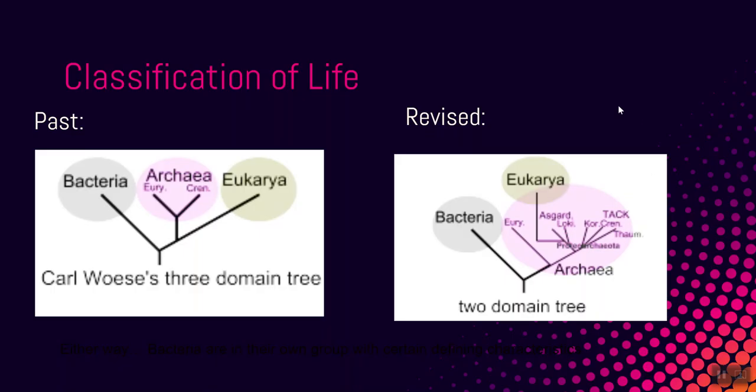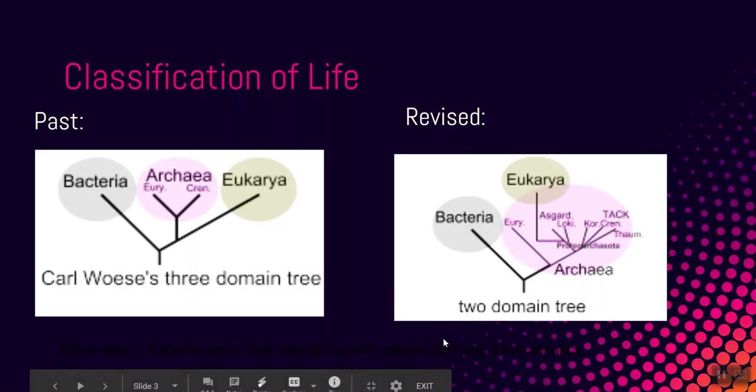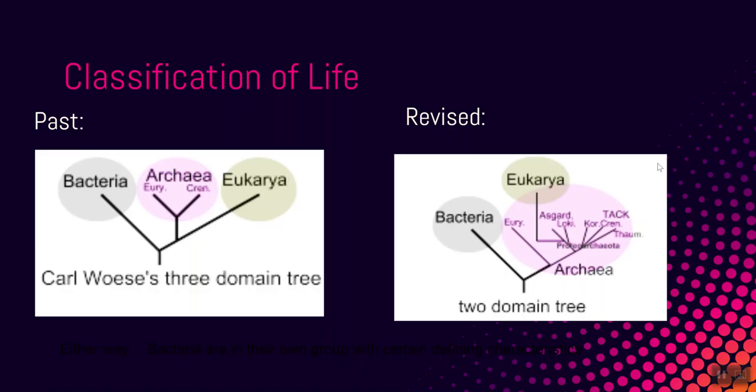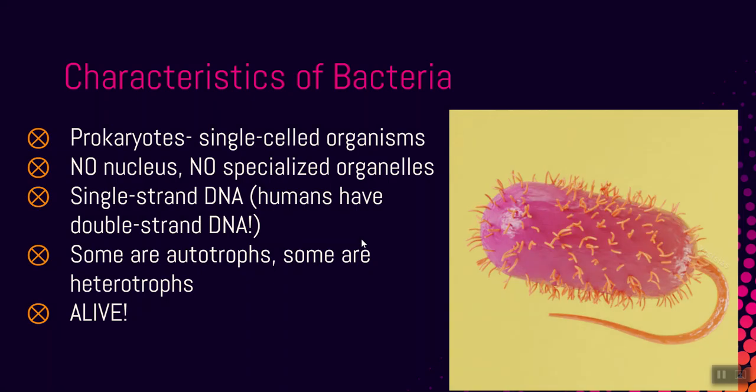Scientists are kind of in debate about this three-domain tree and having that be the most accurate way to classify life, and have kind of been switching towards this two-domain tree. But if you notice, bacteria is still a domain all in itself because it has these very specific characteristics that make it different from things like eukarya that include animals like us.